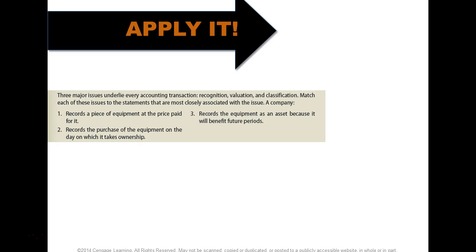Valuation. How much? Number 2, records the purchase of the equipment on the day on which it takes ownership. Number 3, records the equipment as an asset because it will benefit future periods. Does that make sense? The when, the how much, and basically the where to record. What place do we record it? The what maybe is a better way of saying it.